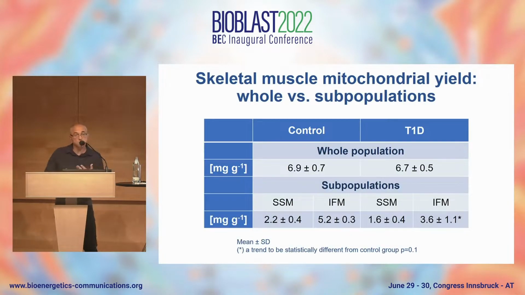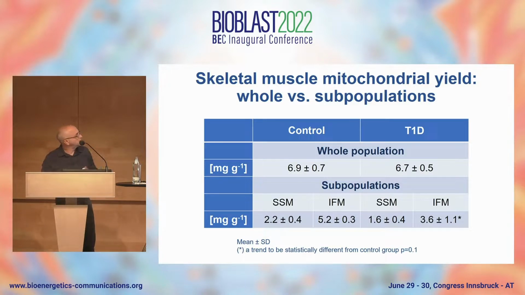Well, first, we look at the mitochondrial content. So we determined the mitochondrial yields. Here I reported milligram of mitochondrial protein isolated per gram of tissue. In the whole population, the yields are quite comparable between the control and the diabetic rats.